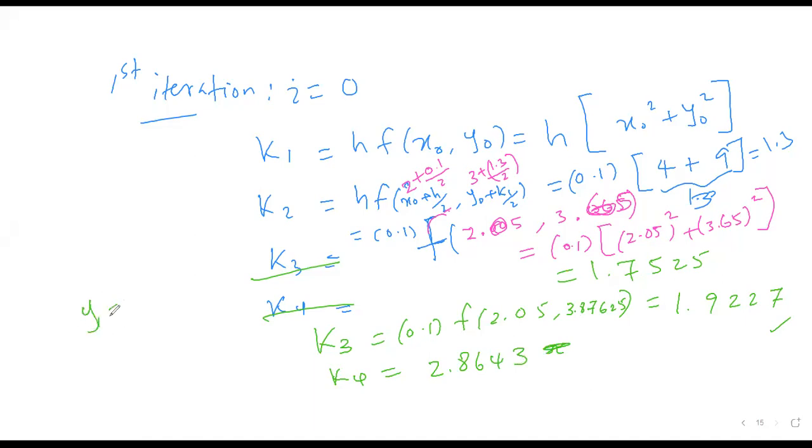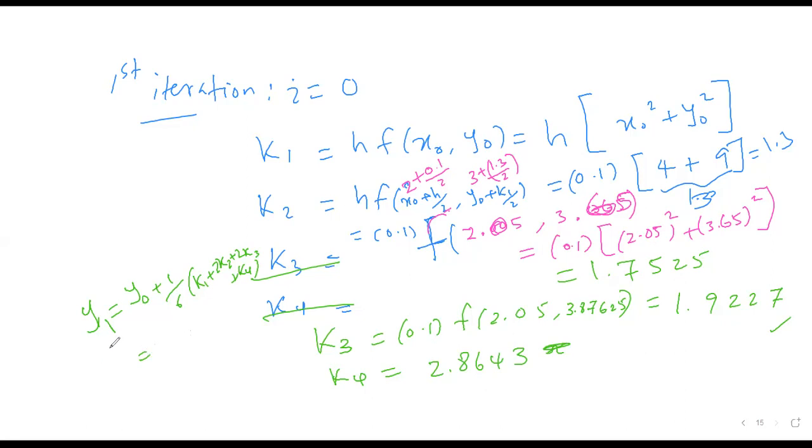Altogether, you can find the y1 as well. So you have to put in the y naught value plus 1/6 k1 plus 2k2 plus 2k3 plus k4. Okay, yeah.